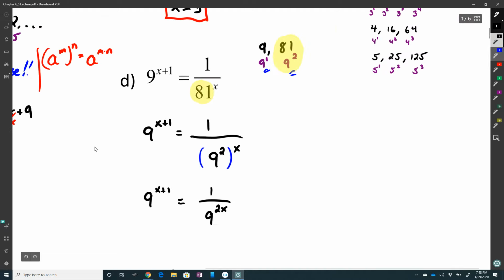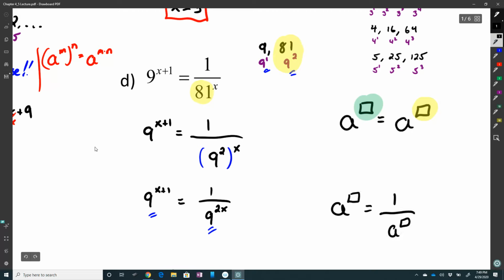Now you may be thinking that this is the same base, because you see a 9 and 9, but remember the format. The format has to be a to the something equals a to the something, and then you set those equal. What I have here isn't that. What I have is a to the something equals 1 over a to the something, and it's not a match.